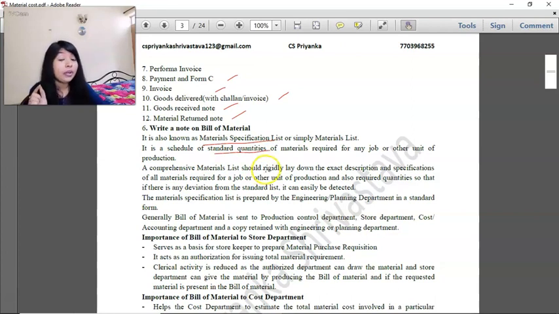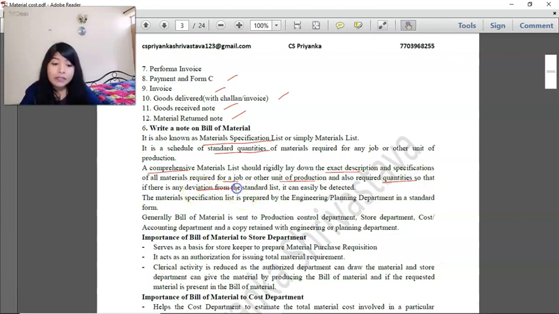It also includes the quantity of material that is required for a particular production. Okay. And it is a comprehensive material list which is laid down. It gives an exact description and specification of all the materials required for a job or for other unit of production, and also it will tell you the quantities that you require.